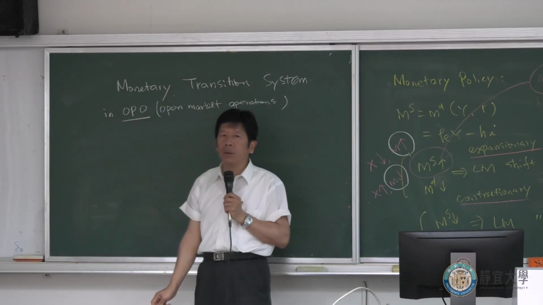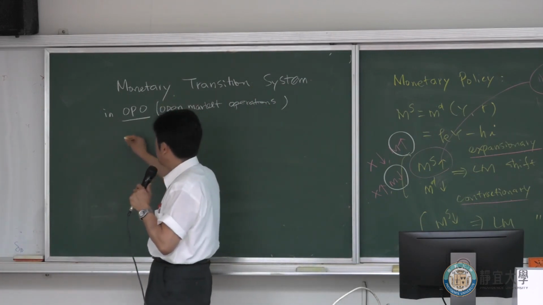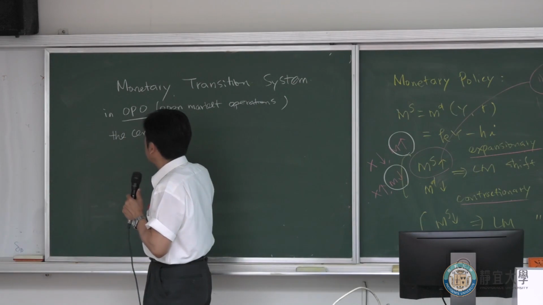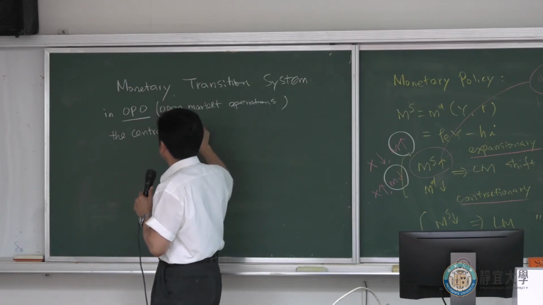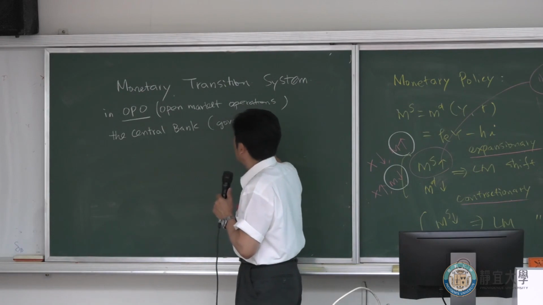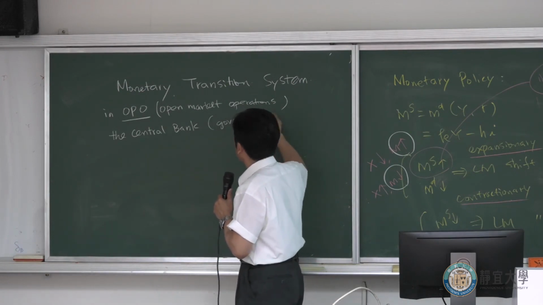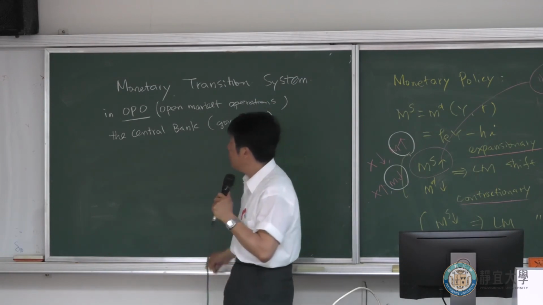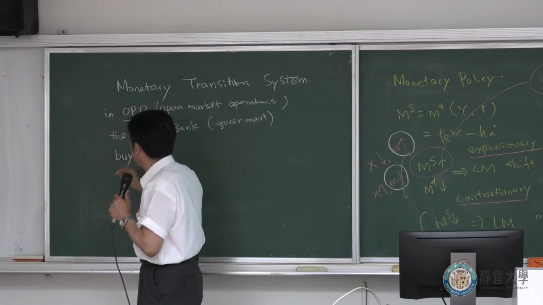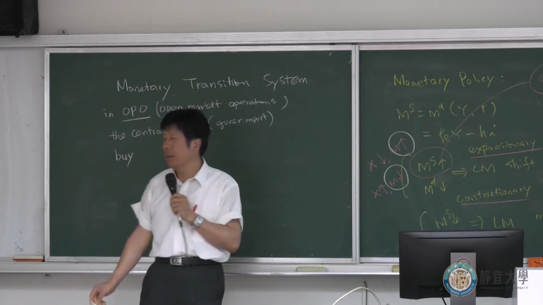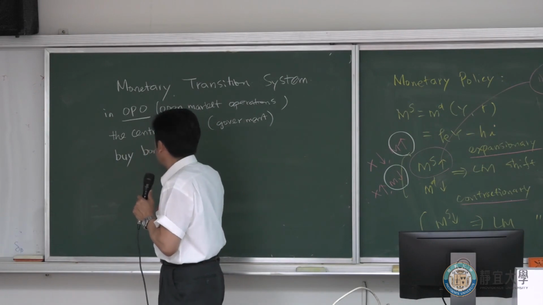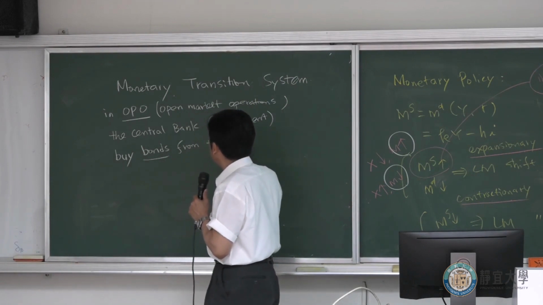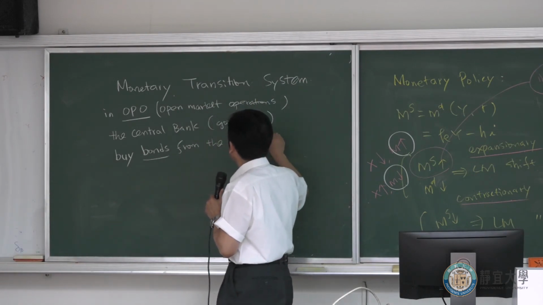So in the OMO, the government or the central bank, for example, can buy bonds from the market.